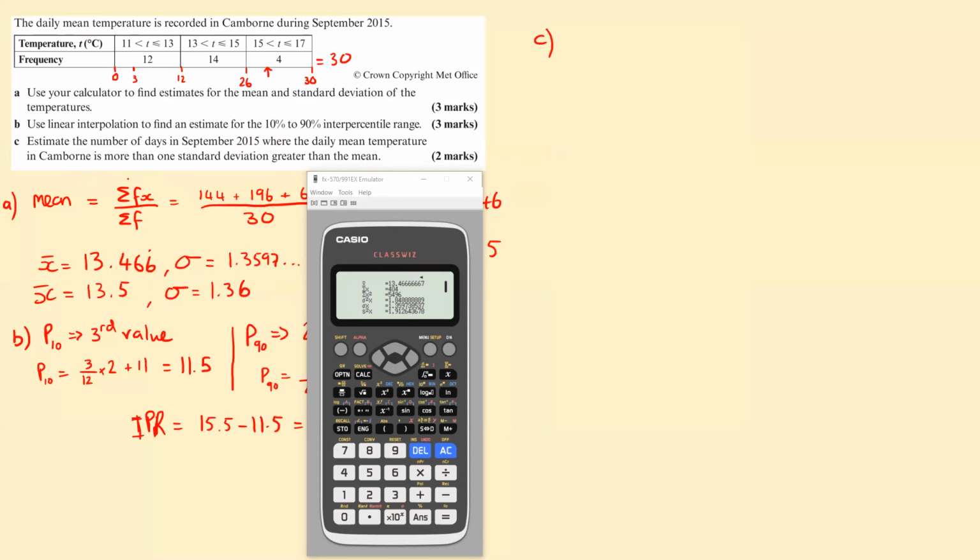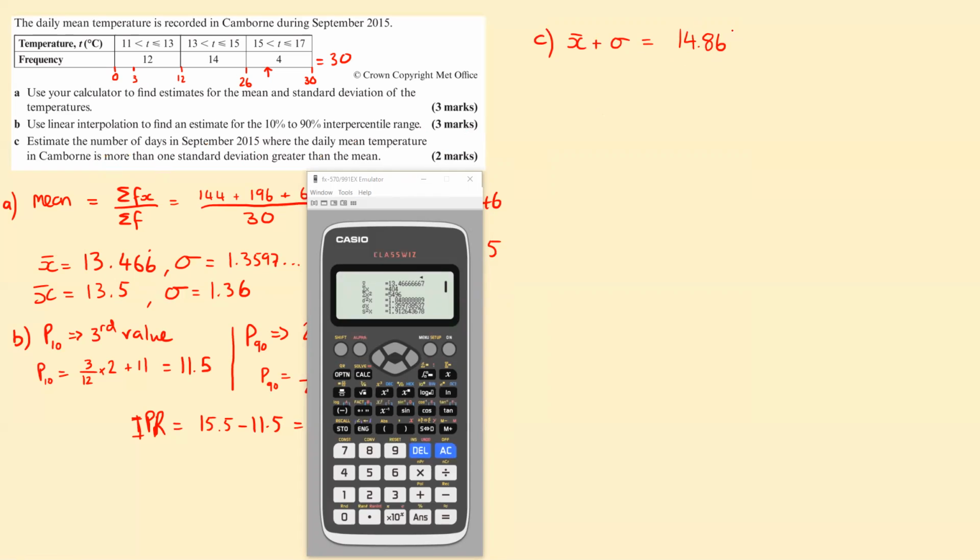Okay, so first we want to know what is 1 standard deviation greater than the mean. So we've got the mean and we add a standard deviation to it. What do we actually get? So that's 13.5 plus 1.36. So that's going to be 14.86. So this question is saying the number of days where the daily mean temperature in Camborne is more than 14.86 degrees.